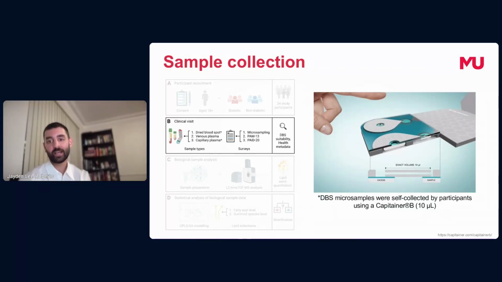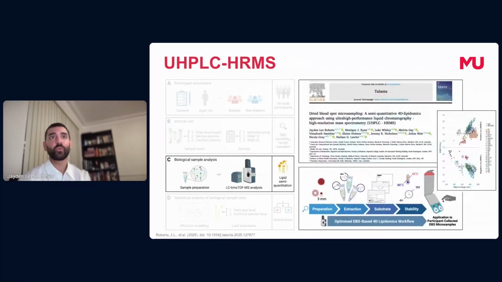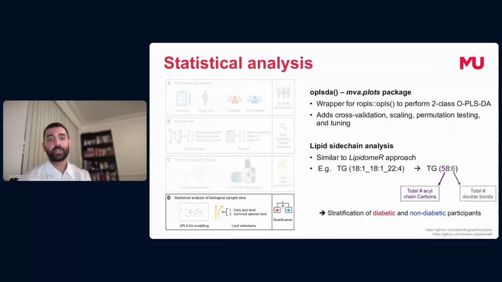And for analysis of the samples, as I introduced before, we used a pre-validated and published semi-quantitative 4D lipidomic profile, which I went through before, and I won't spend any further time discussing. So in order to perform statistical analysis, we used OPLS-DA to analyze between group differences using R, specifically using the MVA plots package.